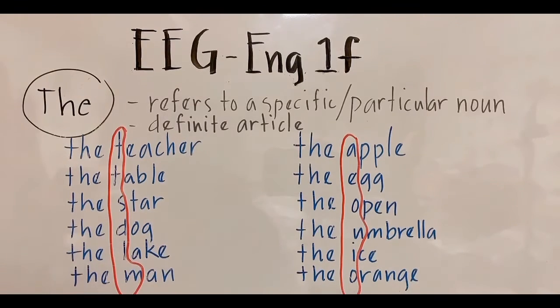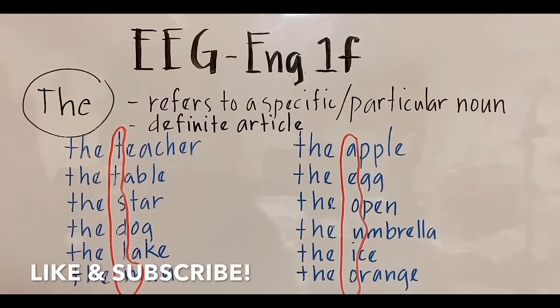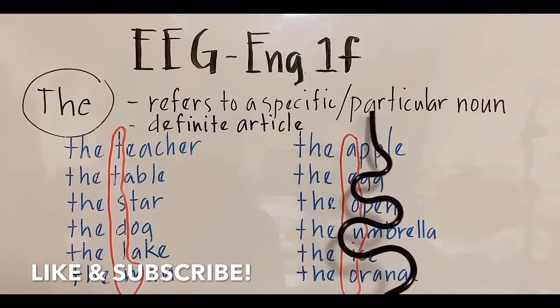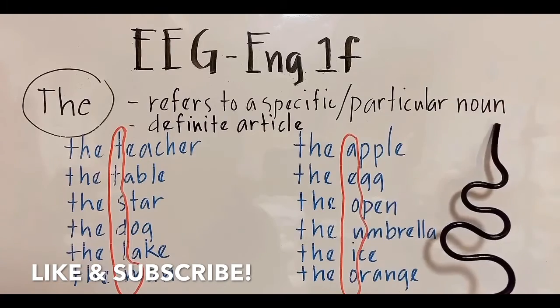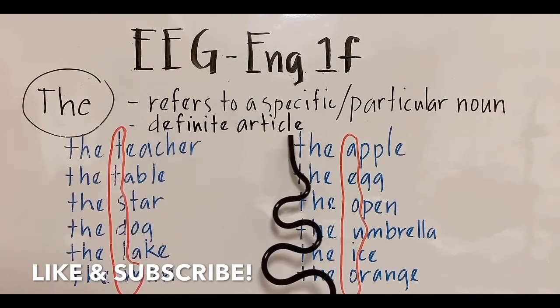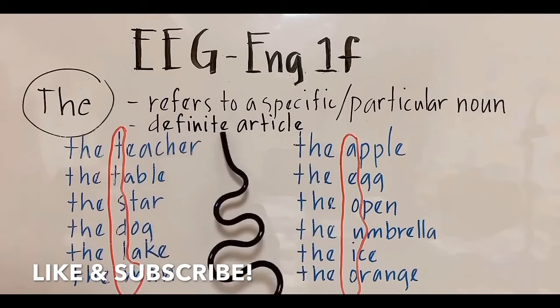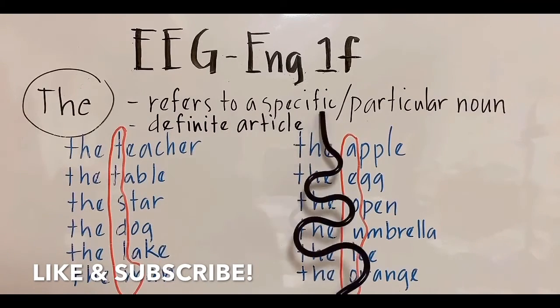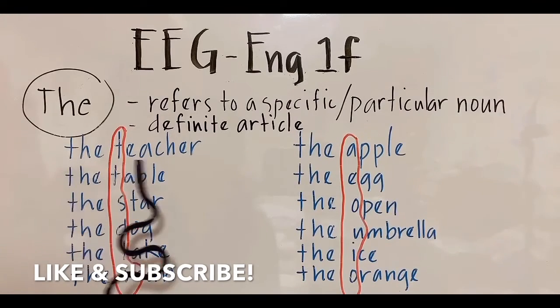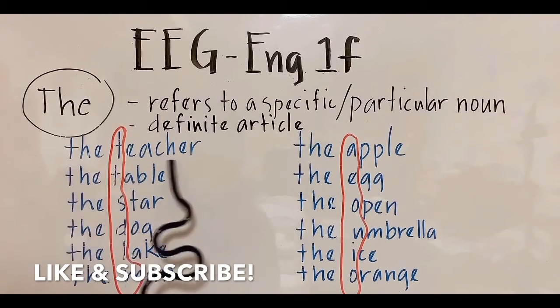Good. Let's just have a recap. Previously, we said that the refers to a specific or particular noun. Therefore, the is a definite article. Definite meaning specific, particular. Just like the examples: the teacher, specific teacher.